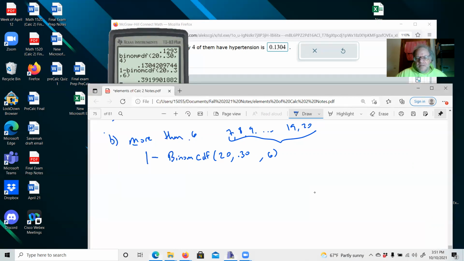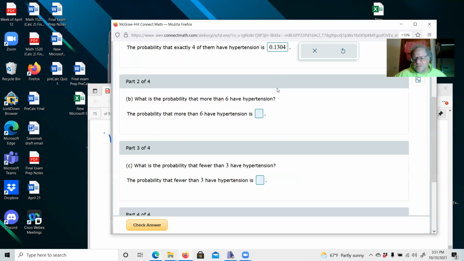We got 0.391990 to 4 decimal places, so this 19 is going to turn into a 20. So 0.3920.